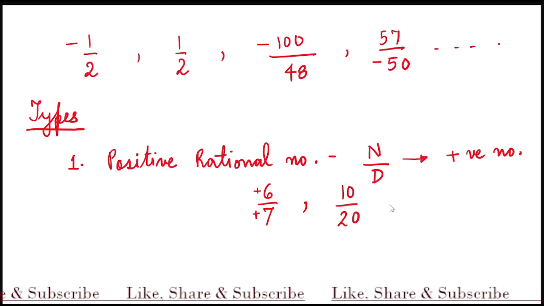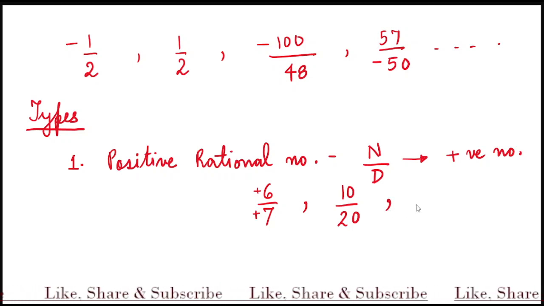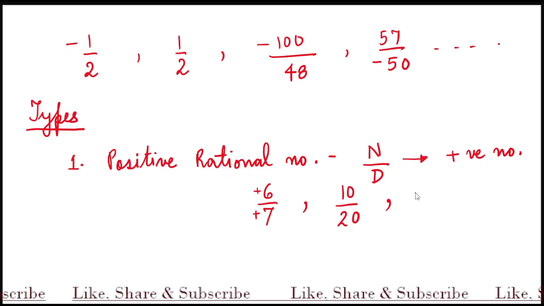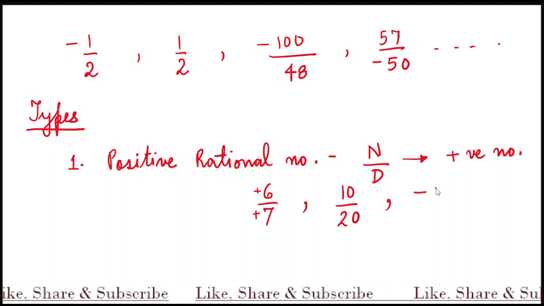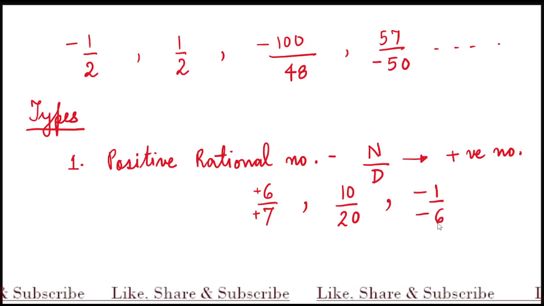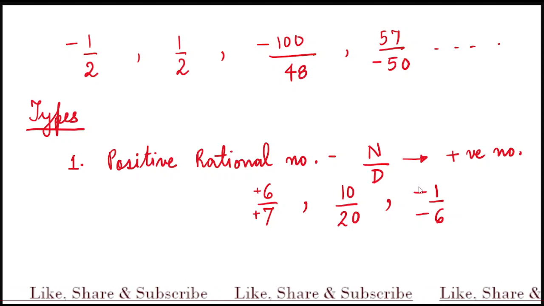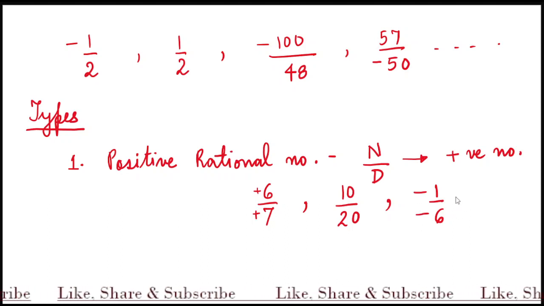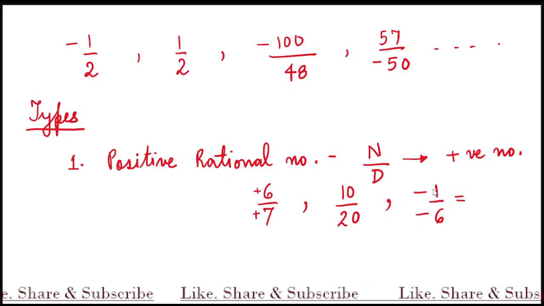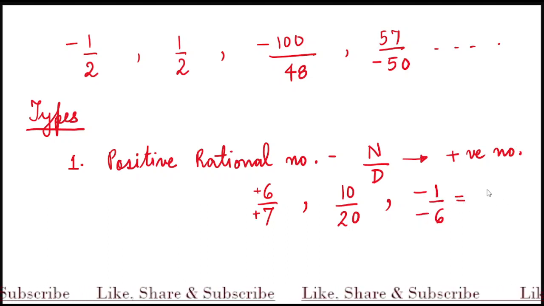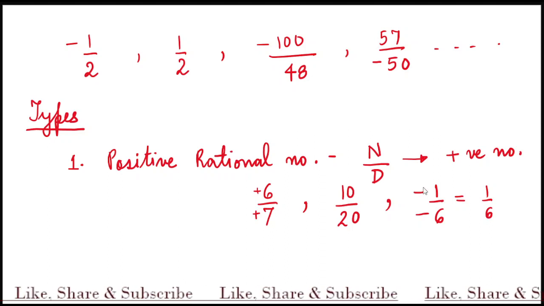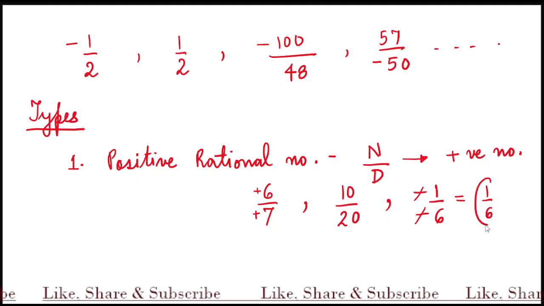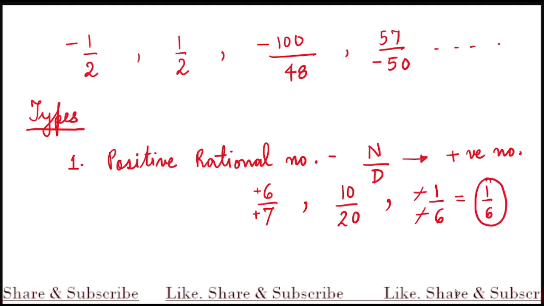Now here comes an exception. What is that exception? If I write minus 1 upon minus 6, both are negative numbers, correct? But upon cancellation, I can write minus 1 upon minus 6 as 1 by 6, as these two negative signs will go away. So this turns out to be a positive rational number.